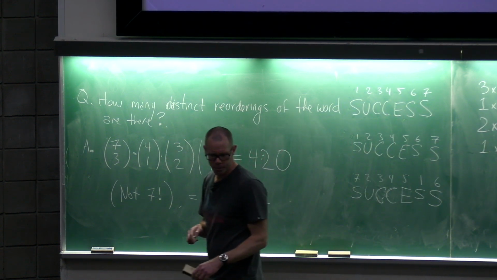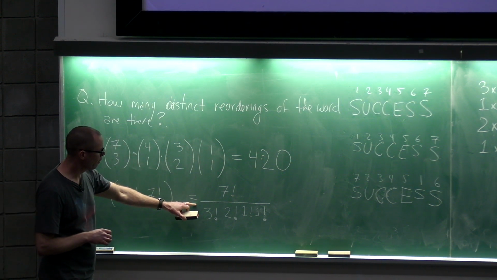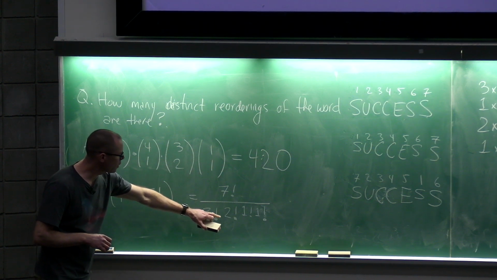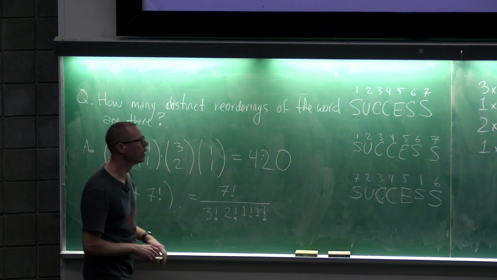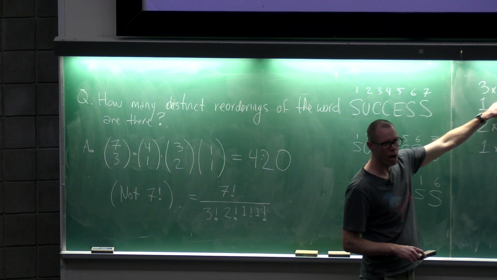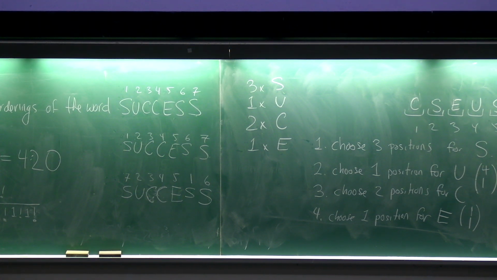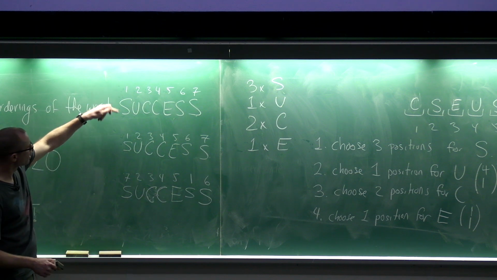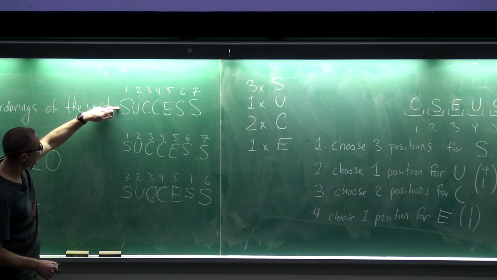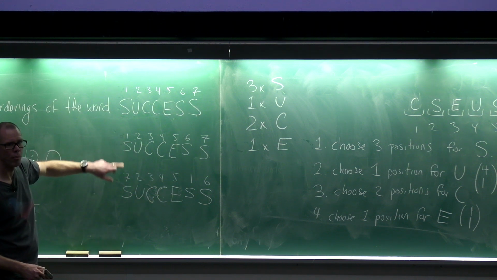Yep. I have a question. Where did you get the denominator when you were dividing 7 factorial? Here? Yeah, where did you get all those numbers from? Okay, so the reason that I'm getting this 3 factorial and the 2 factorial is that S occurs 3 times. So a way to think of that is, well, for example, we saw it happen here. Here we had 2 permutations that gave us the same word.